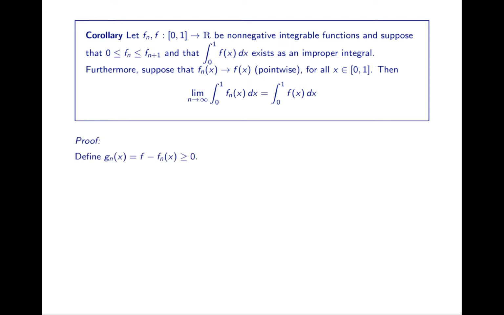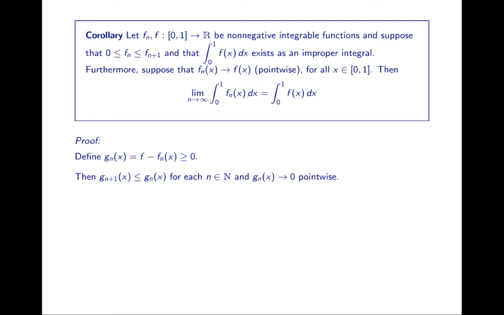So let's prove this. Well, it's a straightforward application of the LMCT because I just take the difference between f and fn. Because fn is increasing, the difference between the limit and fn is decreasing.